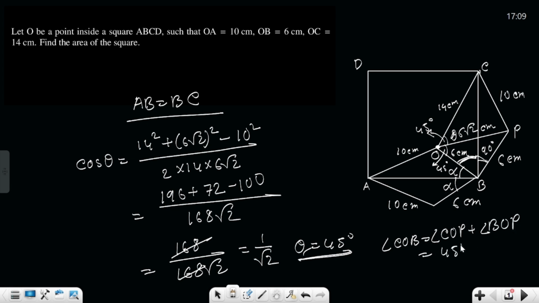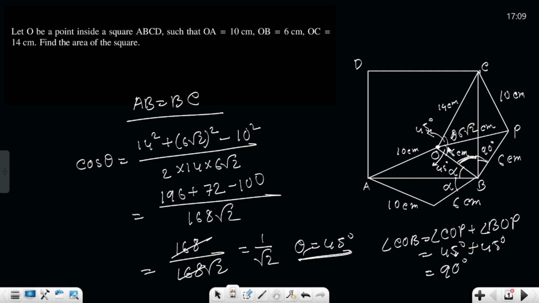This is 45 degree, plus this is also 45 degree because you can see that OB is equal to BP and angle OBP is equal to 90 degree. So the total angle will be 90 degree. Clear?